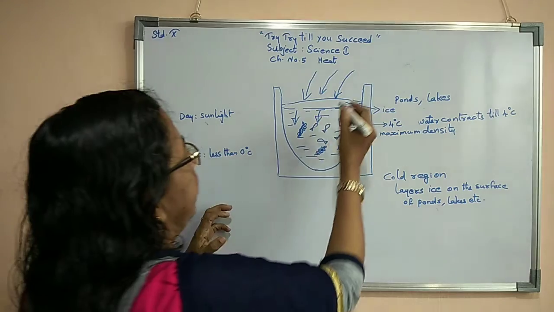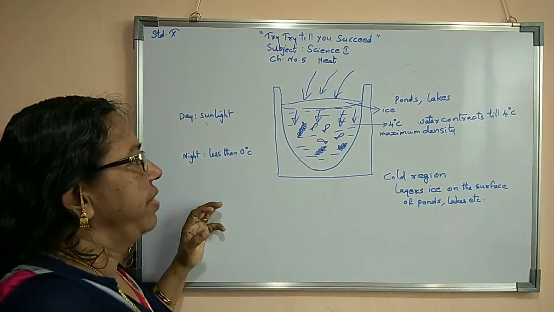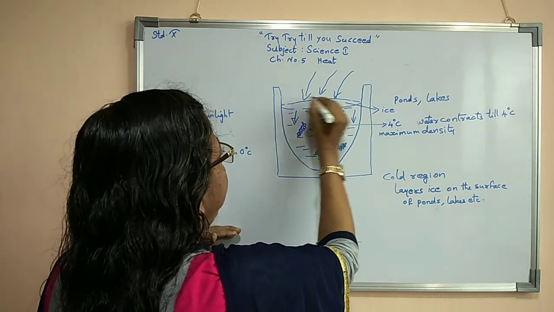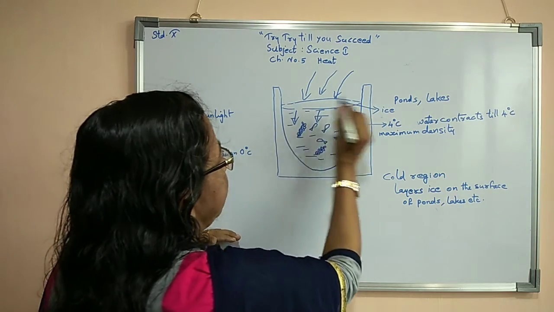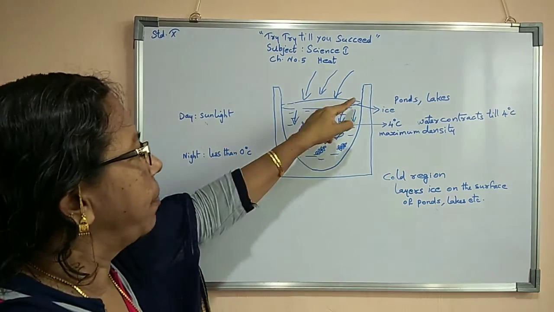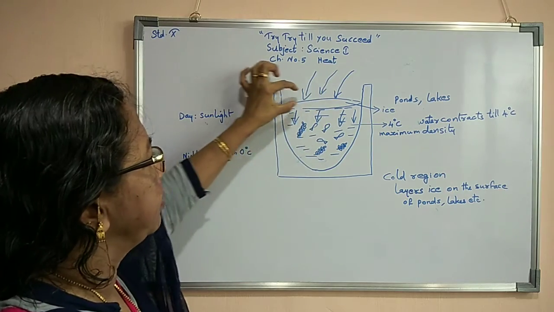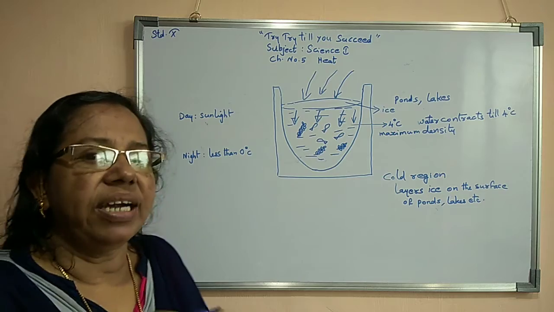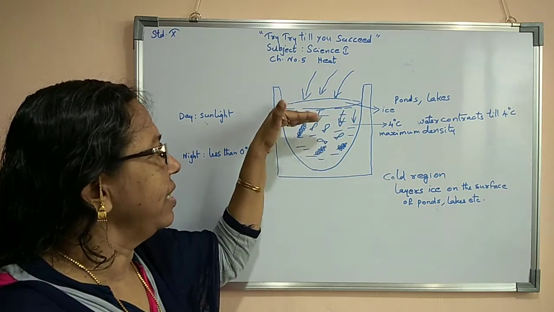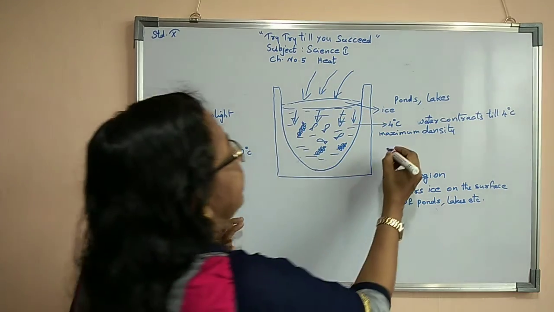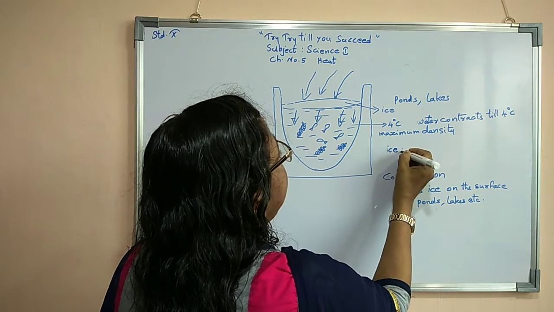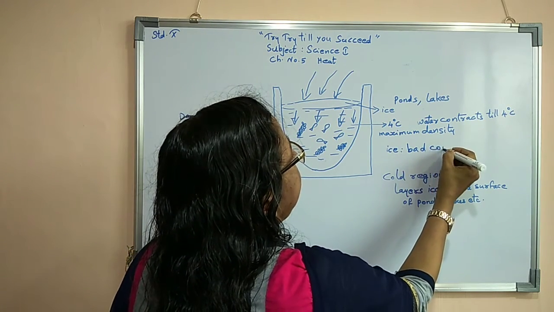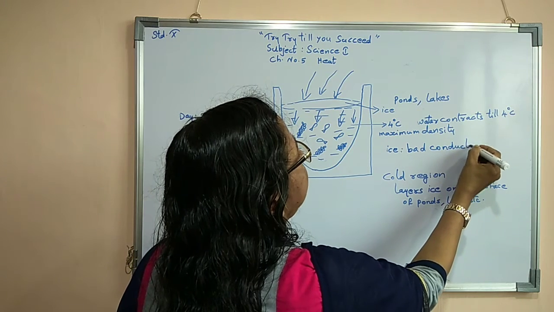Again here atmosphere will be very cold. That particular time the upper part of the water, there will be the formation of ice. One more thing is there, once ice formation takes place, the ice is acting like a bad conductor of heat. Ice is a bad conductor of heat.